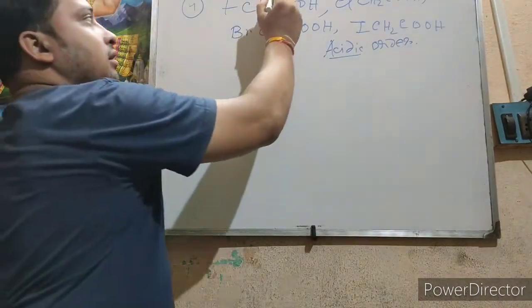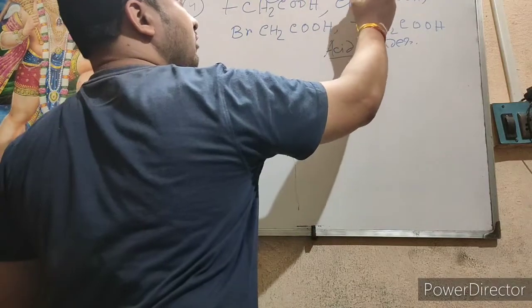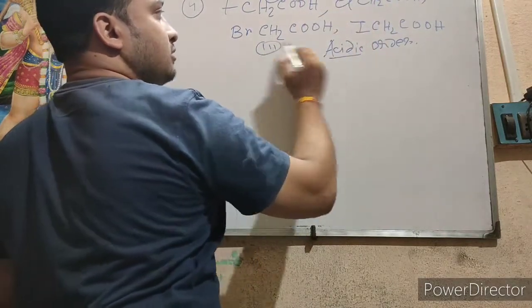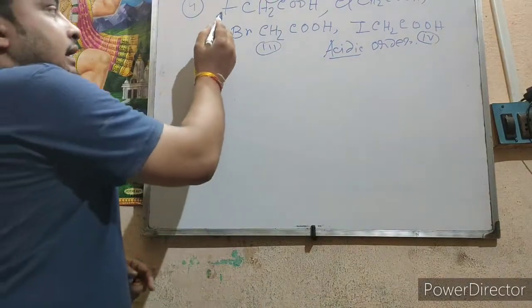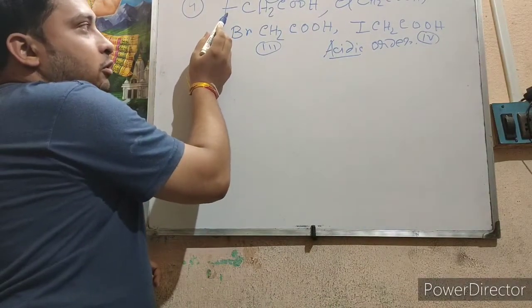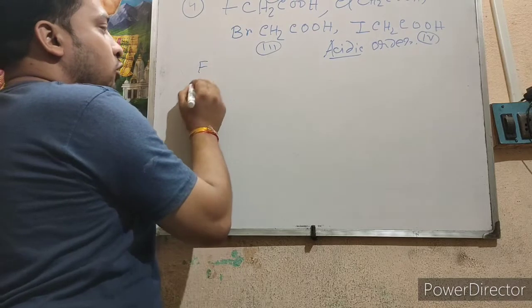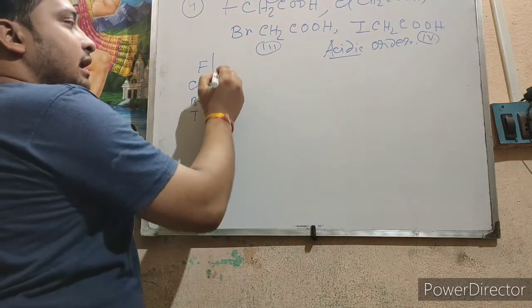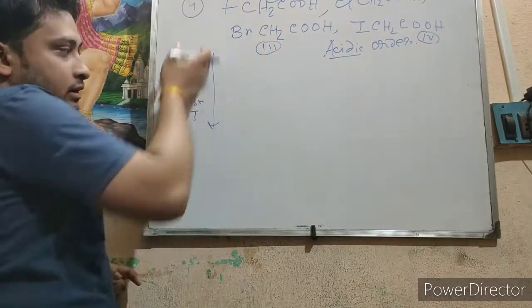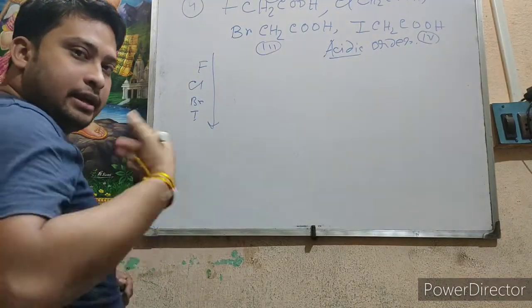So this is the number 1 compound, this is number 2 compound, and this is number 3, as well as this is number 4. Look, the electronegative element of this compound, if we compare fluorine, chlorine, bromine, iodine, electronegativity decreases down the group.